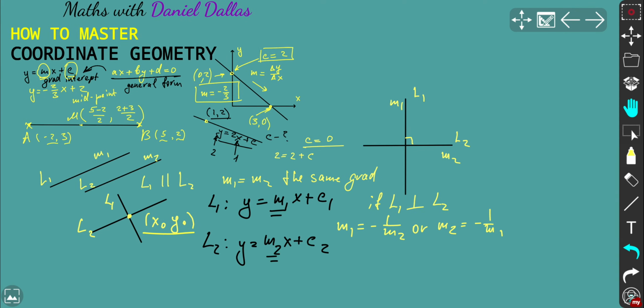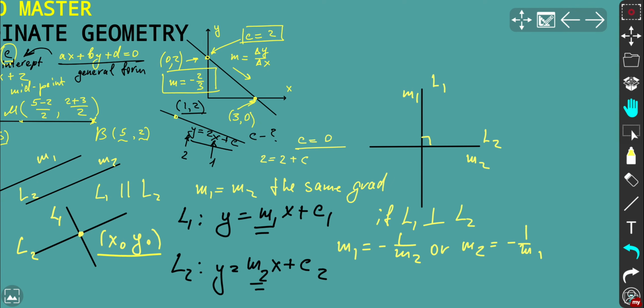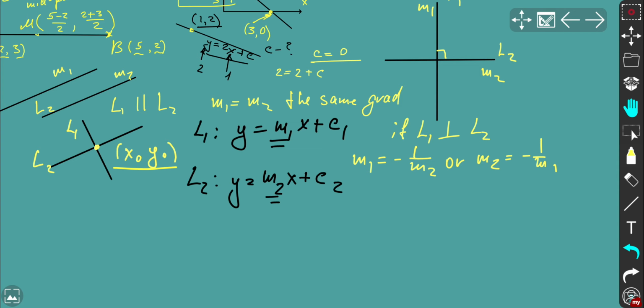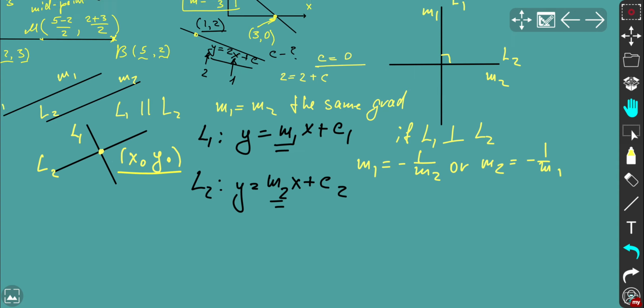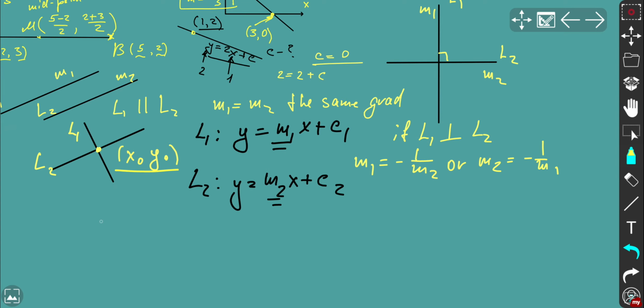Then you solve them simultaneously. That means you arrange two simultaneous equations, y0 equals m1x0 plus c1 and y0 equals m2x0 plus c2.